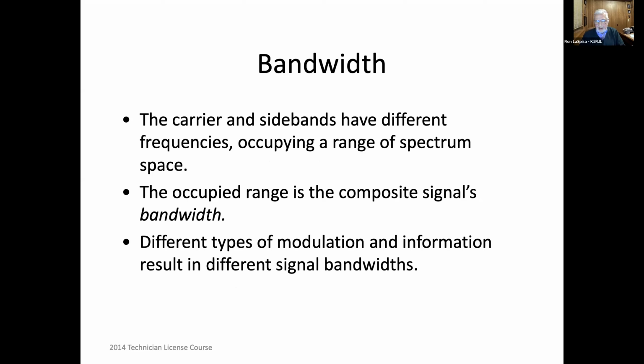How far apart the highest frequency in that bump is from the lowest frequency in that bump is the bandwidth. So different types of modulation, and we're going to see a few more, result in different signal bandwidths.